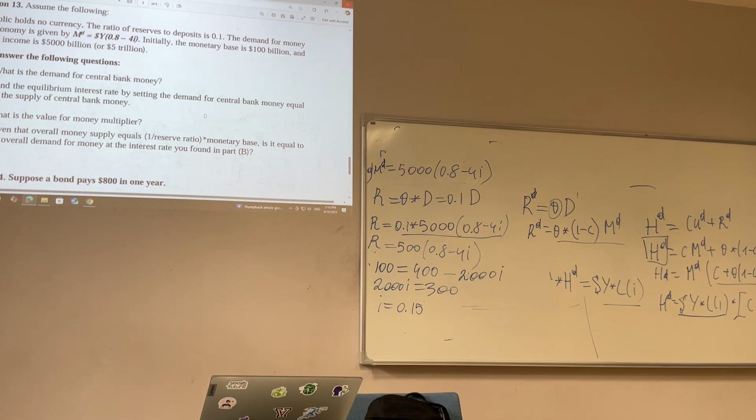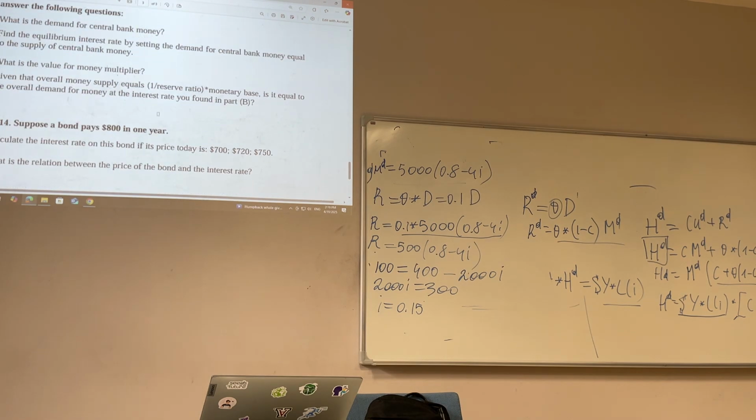Given that our money supply equals 1 over 10... 10 multiplied by 100 billion, it's going to be 1 trillion.